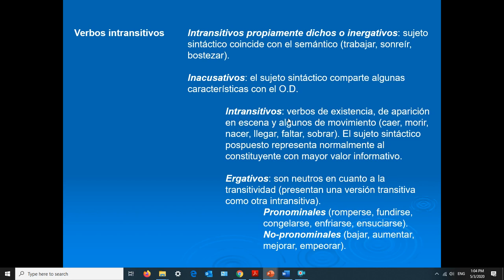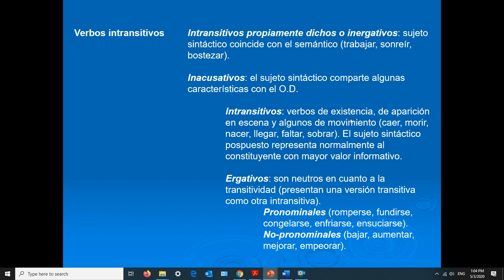Intransitive verbs of existence, of appearance, of movement. The syntactic subject is usually post-verbally located and represents the constituent with the highest information value.